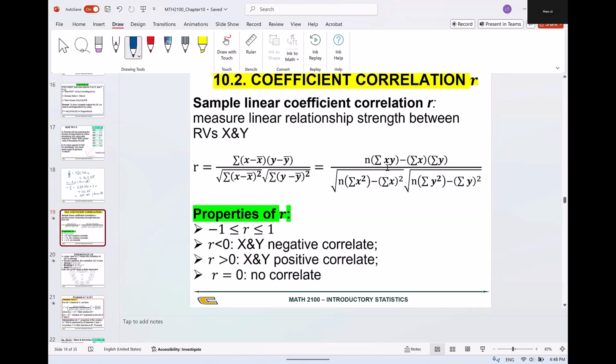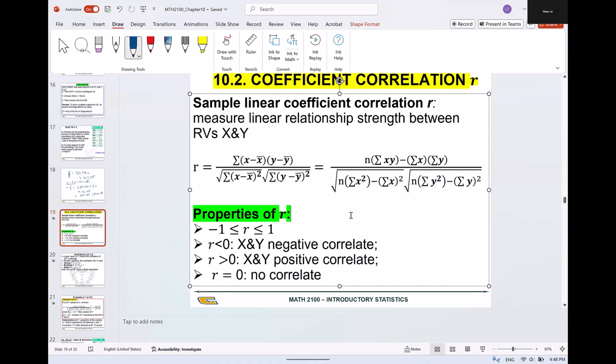It looks complicated, but basically it is n times the summation of x_i y_i, going over all the pairs, minus the summation of x times the summation of y, divided by the denominator specified here.